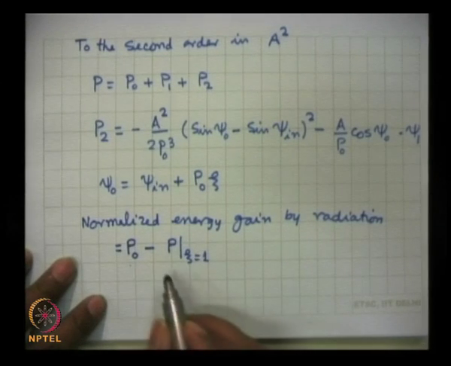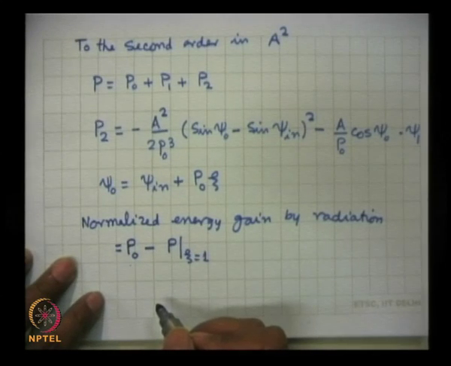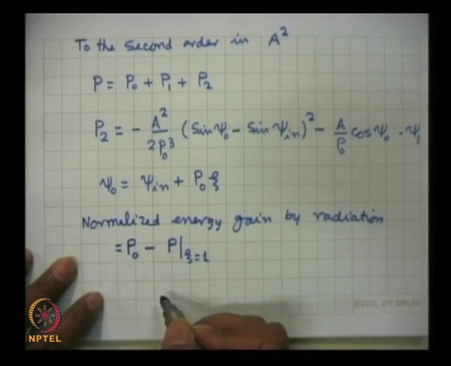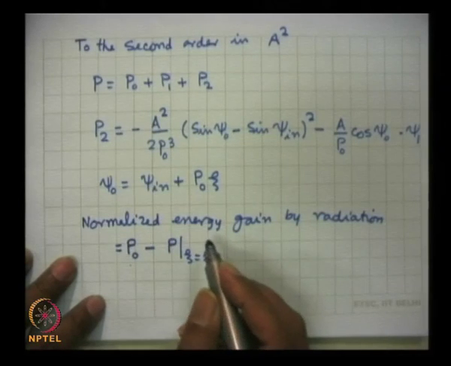And I would like to obtain this quantity as an average over all the particles, electrons that are entering the interaction chamber between phases 0 to 2 pi. So, psi in is varying from 0 to 2 pi. So, what should I do?